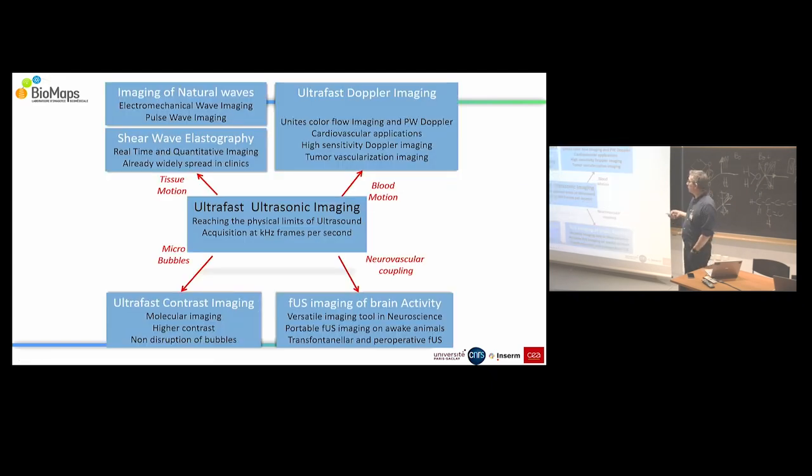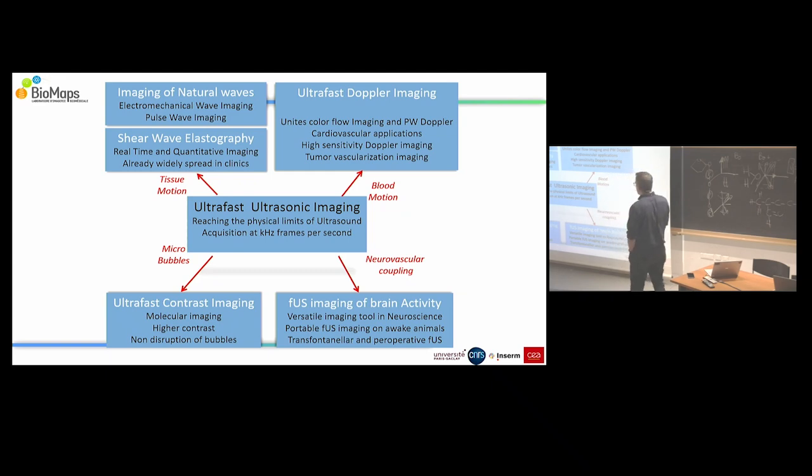So I showed you many things on ultrasound, and I showed you how we can do ultra-fast imaging with ultrasound. And we can do some shear wave elastography. We can do some ultra-fast Doppler imaging, I showed you. I didn't speak about natural shear wave, and contrast, I will not speak about that.